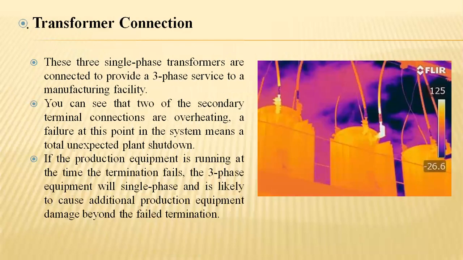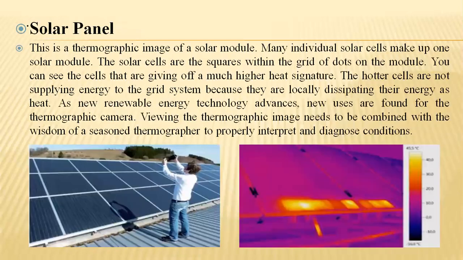For transformer connections, whether two-phase or three-phase, we examine whether the voltage is passing or not. At the control system, we can monitor the overall transformers and can also visualize solar panels.